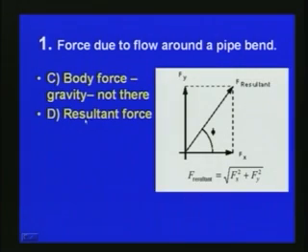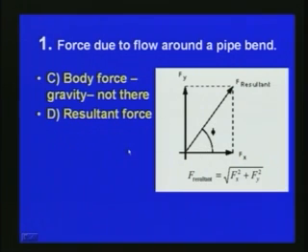That gives the force in y direction. Fx is plotted here, Fy is in this direction. Finally, the resultant force will be the square root of Fx square plus Fy square, and the angle is given by tan phi equal to Fy by Fx. So, we can find out the resultant force and its direction.